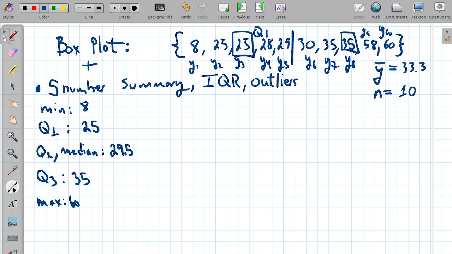Let's get this tool here. We're going to draw it vertically because I'm going to doodle some more on here as well. Yeah, we'll do it this way. This is not to scale, by the way.